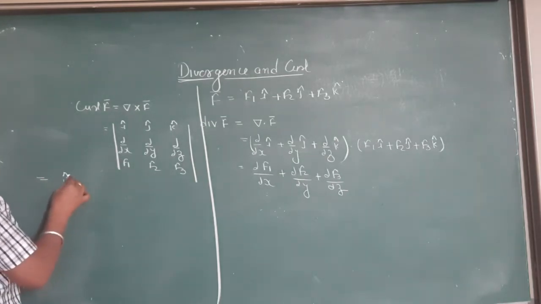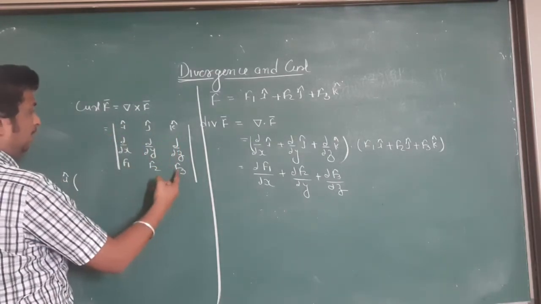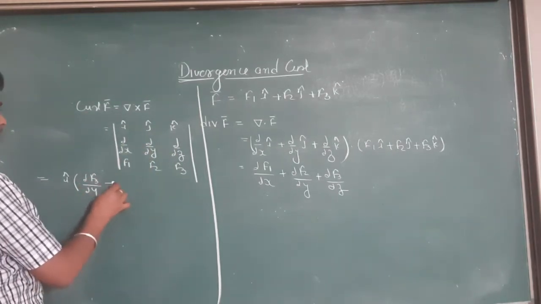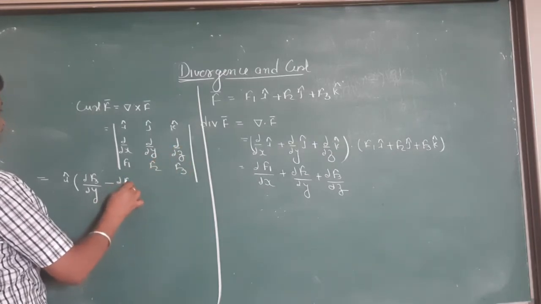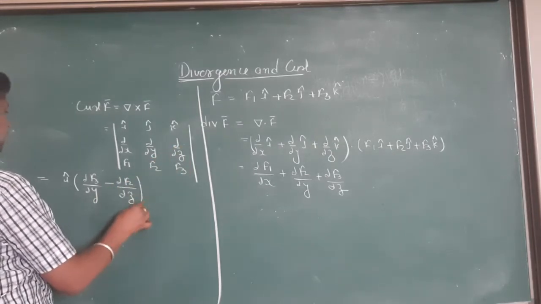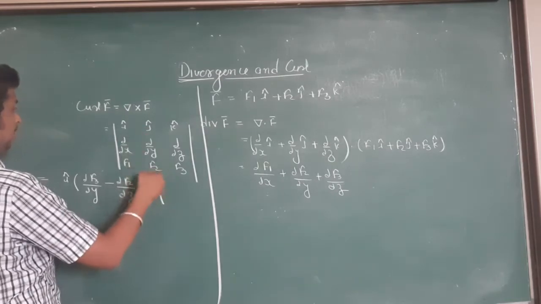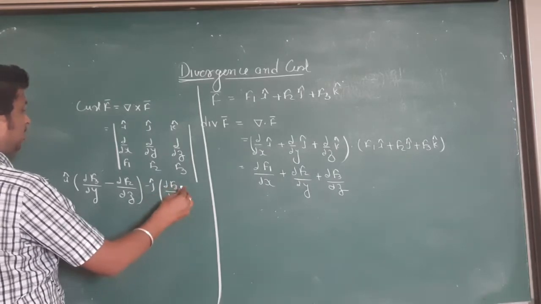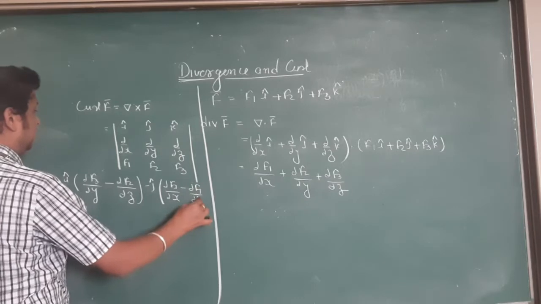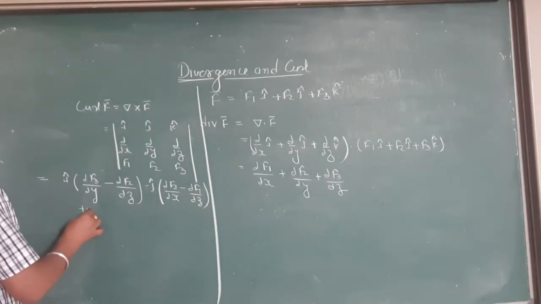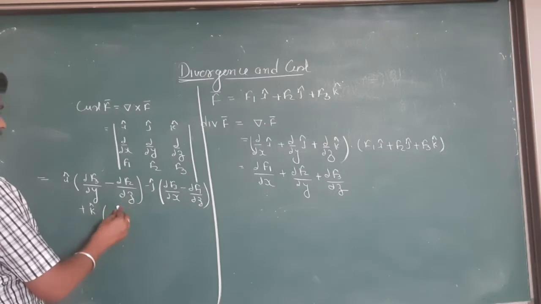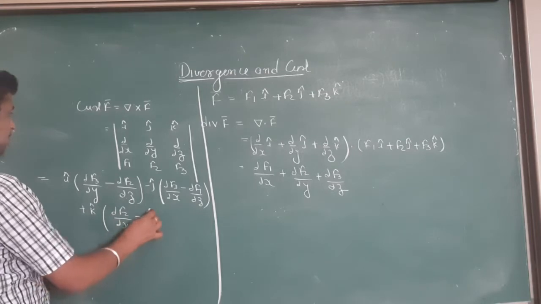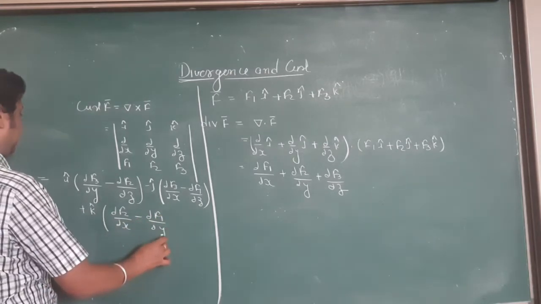It will be i cap times the determinant, that is del f3 by del y minus del f2 by del z, minus j cap times del f3 by del x minus del f1 by del z, plus k cap times del f2 by del x minus del f1 by del y.